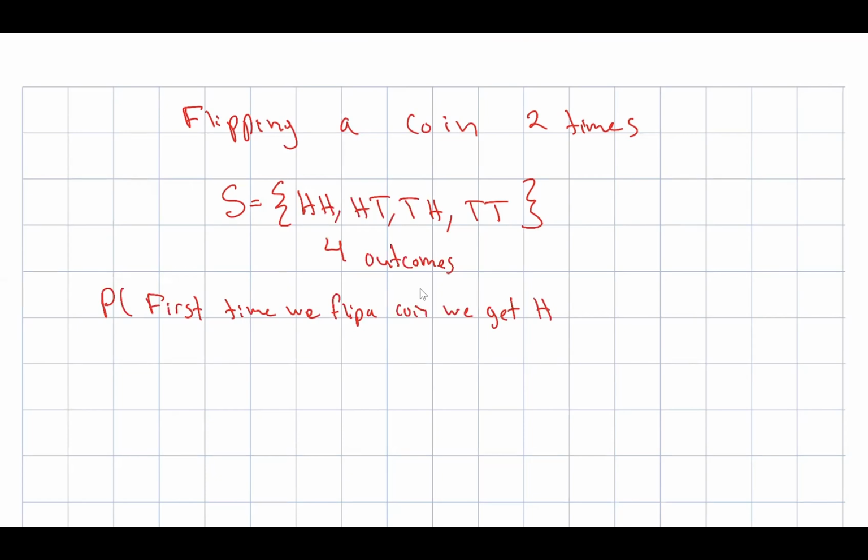So then now I want to put the "and", because the second part is going to be what happened in the second selection, in the second flip. So we're going to say in the second time we flip a coin, it lands on tails.